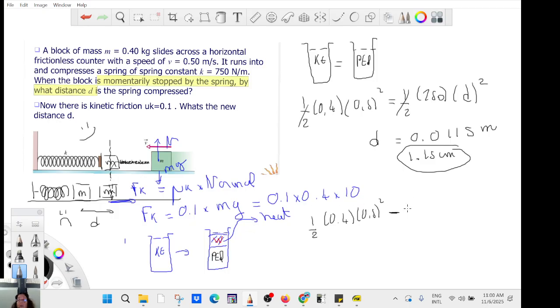The frictional force is 0.4, times the distance, because the work done is the force times the distance. That equals 1/2 k d squared.